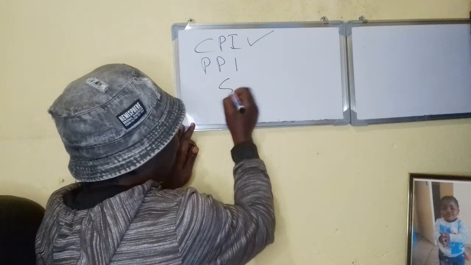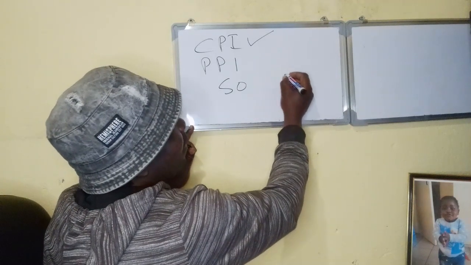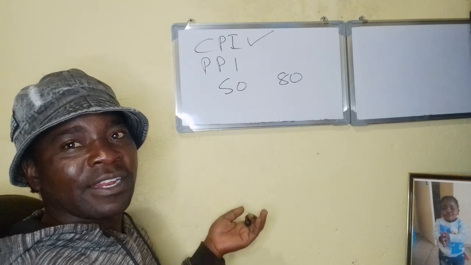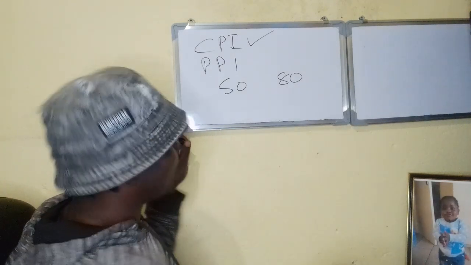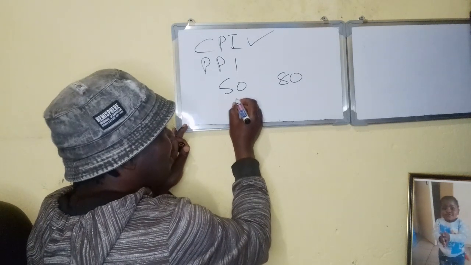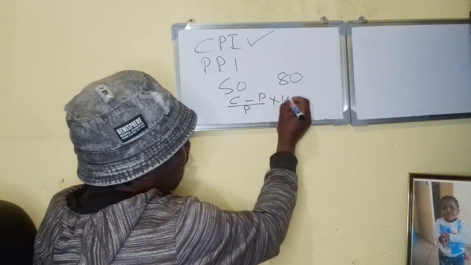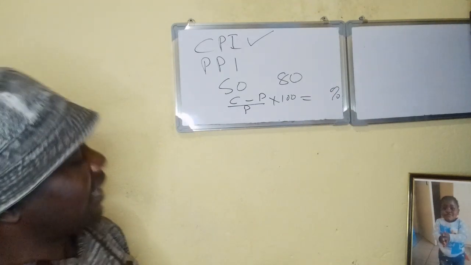And then they measure their total value. If their total value is 50 rand, and then next year they measure the same thing, they find that it's now 80 rand, and then how do you calculate inflation? The same way as population growth. Current minus previous over previous times 100 equals the growth in inflation rate.